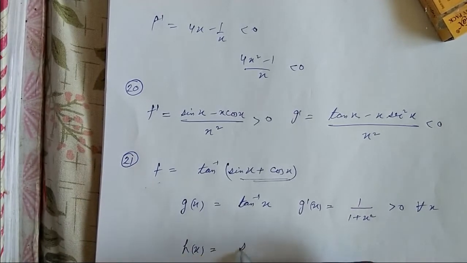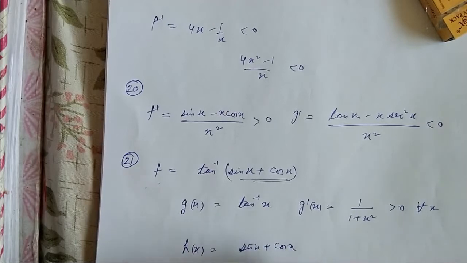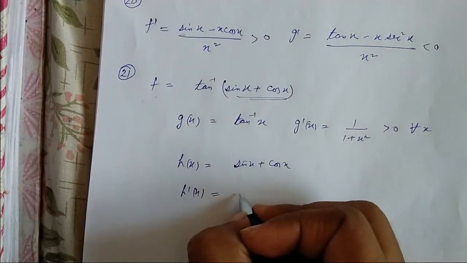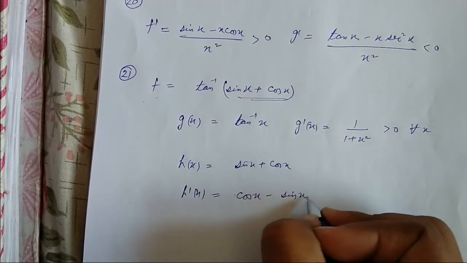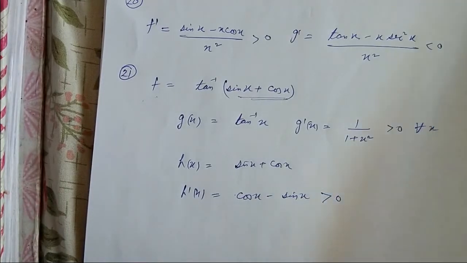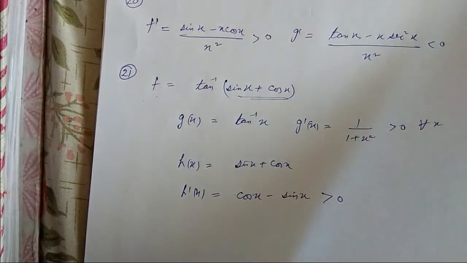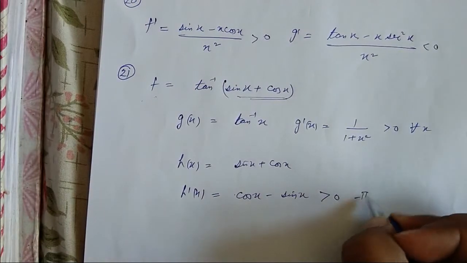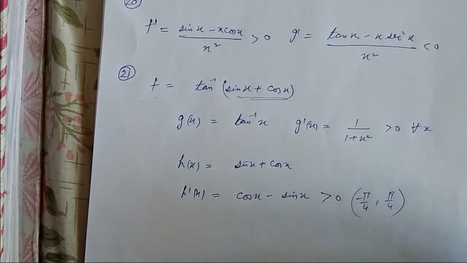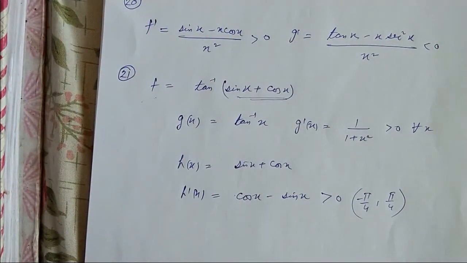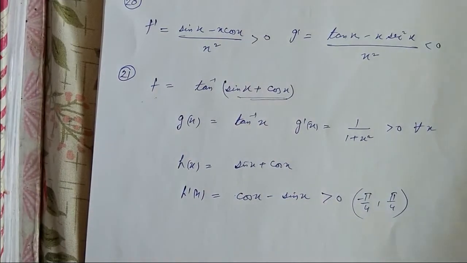Now let hx be equal to sin x plus cos x. h dash x is equal to cos x minus sin x. For this function to increase, it has to be greater than 0. So cos x is greater than sin x in minus pi by 4 to pi by 4. Okay, we can also take minus pi by 2, but given the options we are only left with option C.